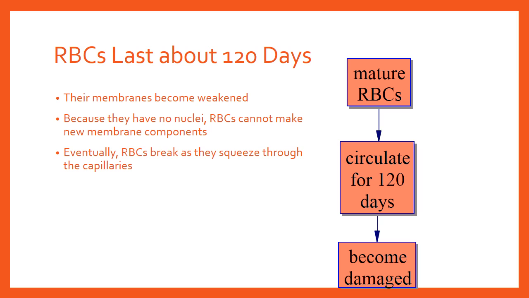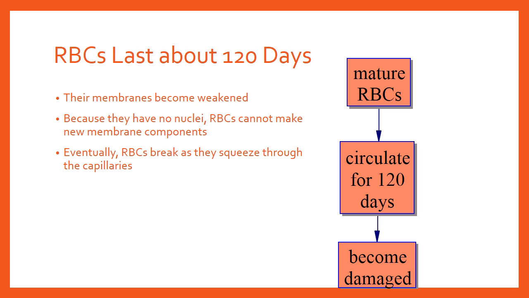It's wear and tear. There is no way for a red blood cell to repair itself because they don't have nuclei, so it's just a one-time deal. No new components will be made.